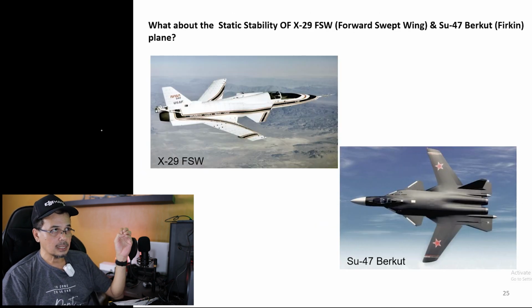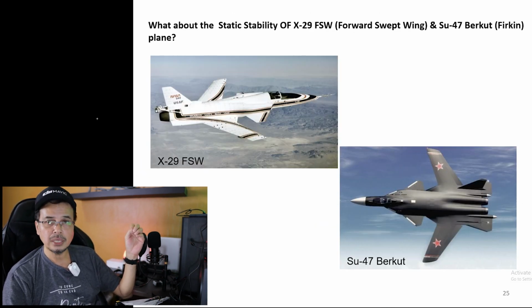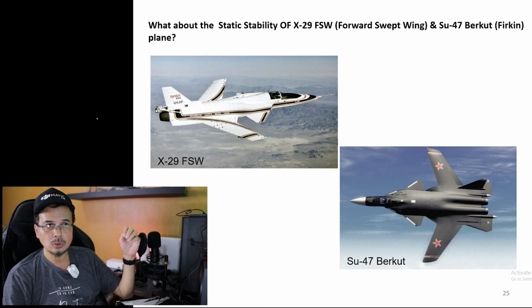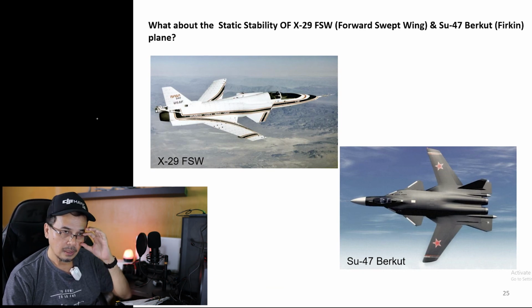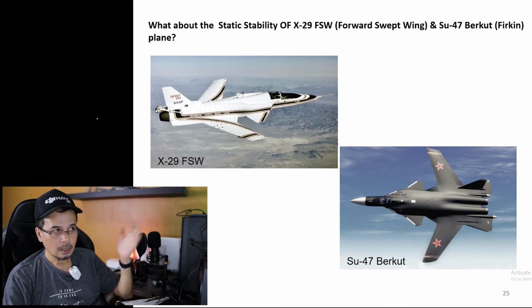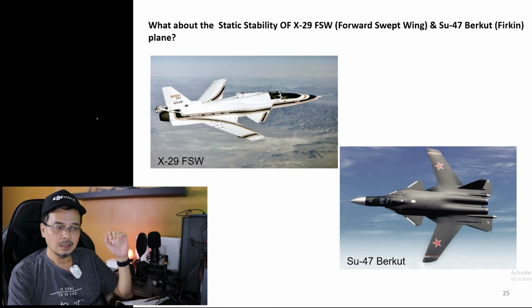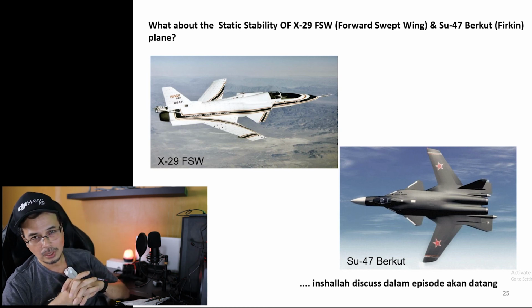So what about the stability of the X-29 and Su-47, which is Russian made, the Berkut of Russia? Alright, it's more complex to discuss this one. InsyaAllah, kalau ada peluang, I will discuss this in an episode akan datang, because you will be surprised.